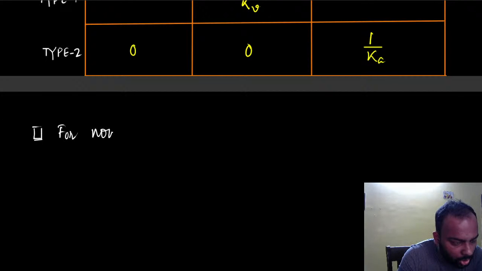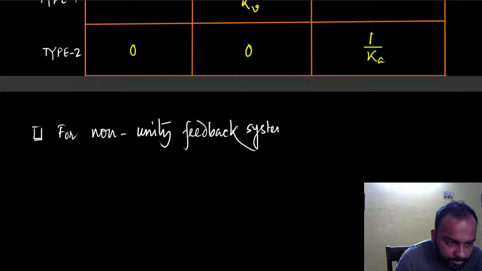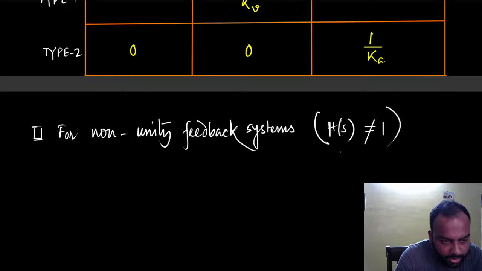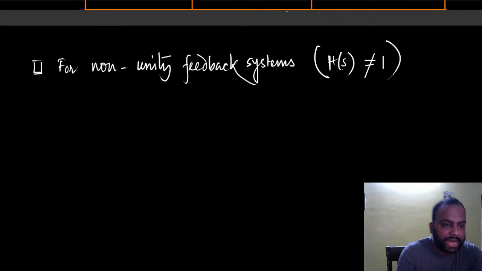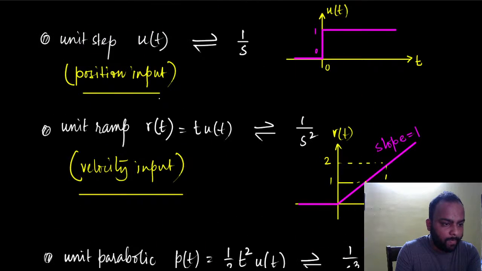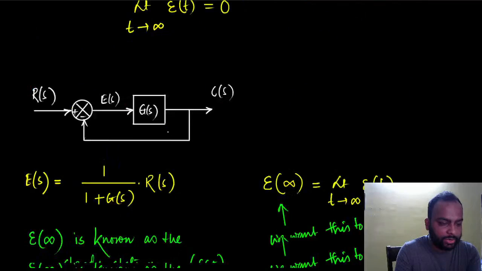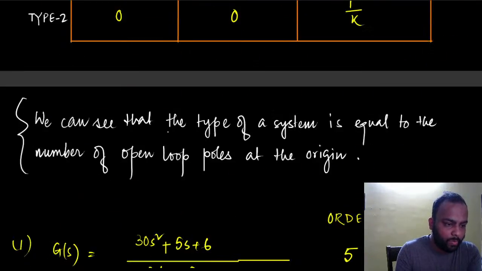For non-unity feedback systems, so essentially HS not equal to 1, let me draw one of the examples. Say I have a system, oh I think I had drawn it, so let me just copy paste it. Yeah, this was a non-unity feedback system. Let me try it once more.